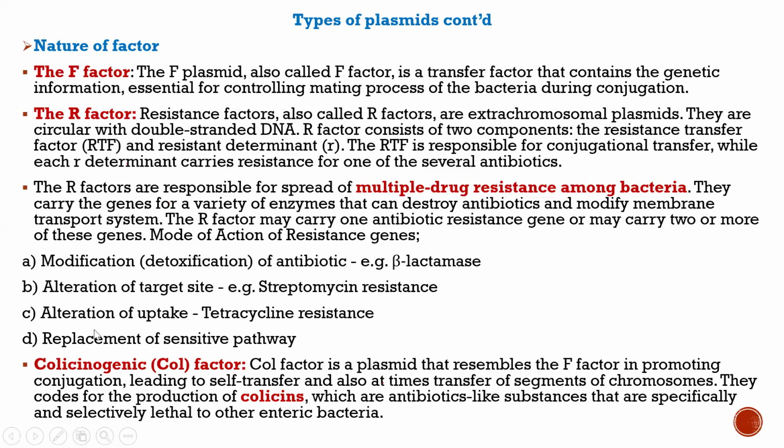So the colicinogenic factor is a plasmid that resembles the F factor in promoting conjugation, leading to self-transfer and also at times transfer of segments of chromosomes. They cause the production of what we call colicins. The colicins are antibiotic-like substances which are specifically and selectively lethal to other enteric bacteria. So the major aim of the colicinogenic factor is to produce toxins.